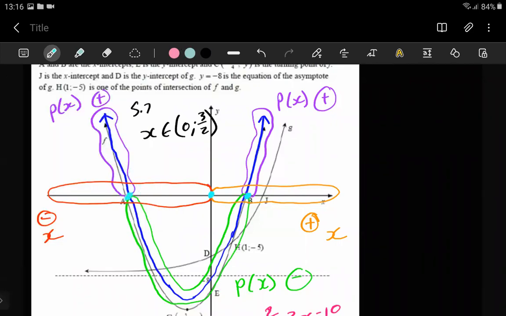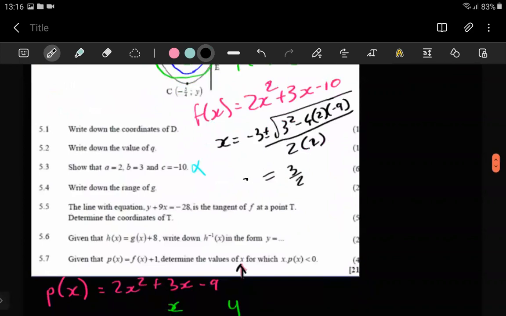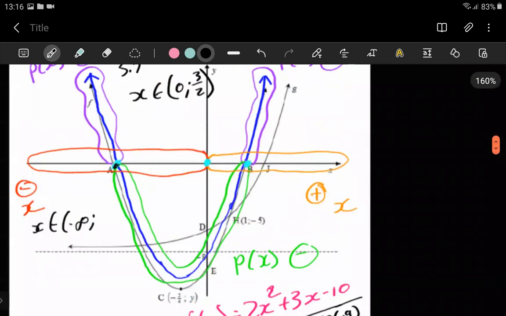So our answer here will have to say x is an element of negative infinity up until this x value, which we can get here. Pardon? It's 3. I calculated it, negative 3. Oh, perfect. So it's negative 3 there. That's the other x-intercept. So here we can see from negative infinity until negative 3. And then that'll be that.